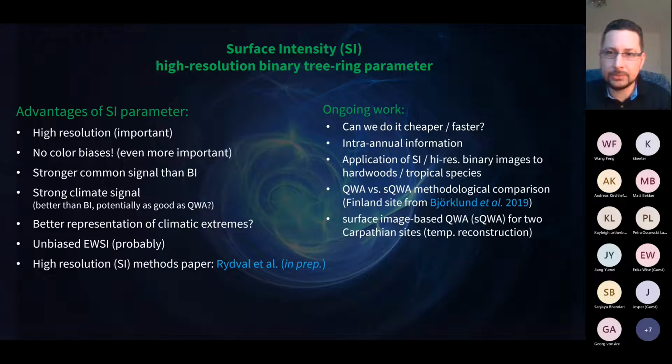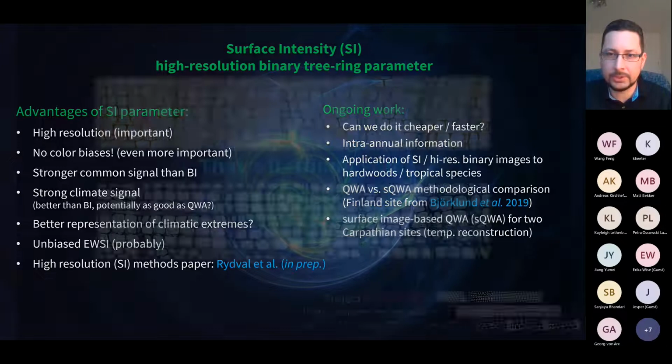And we're also using both the surface intensity and now also surface quantitative wood anatomical parameters as part of developing temperature reconstructions within the replicate network.